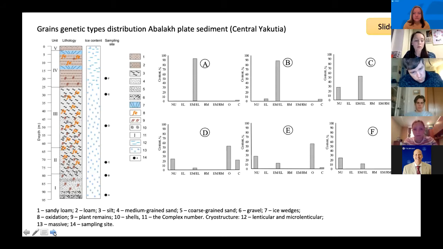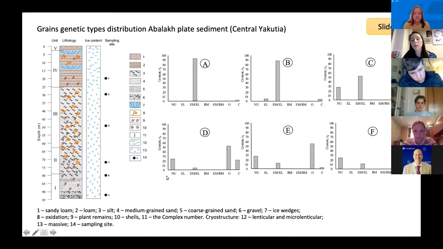Based on the result, a conclusion can be reached that the deposit accumulation took place as a result of multiple retransportation events, recycling the same material while introducing a limited supply of new material into the fluvial environment. We can say this just using these graphs.